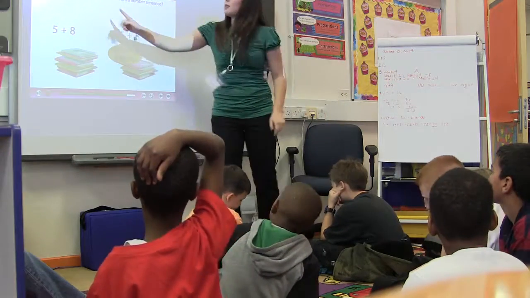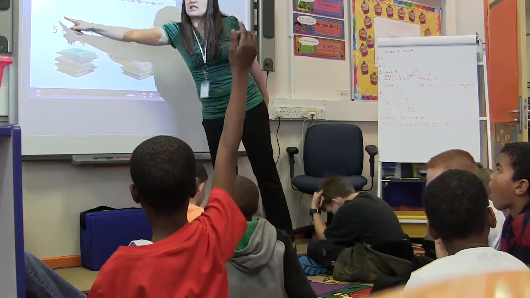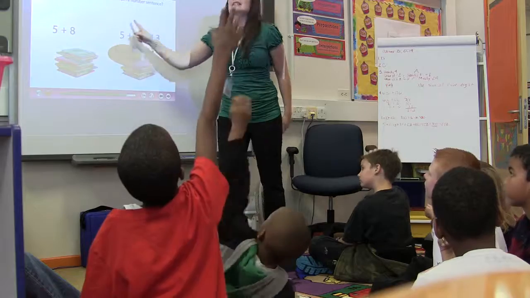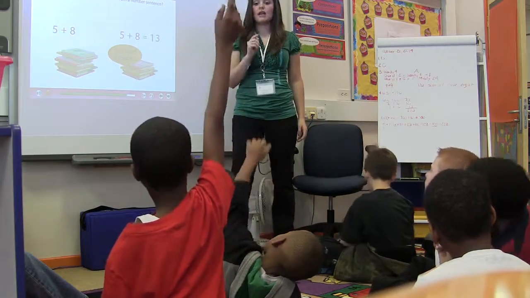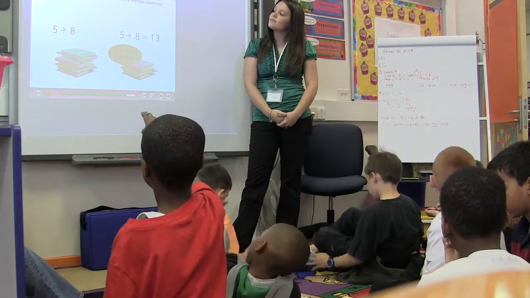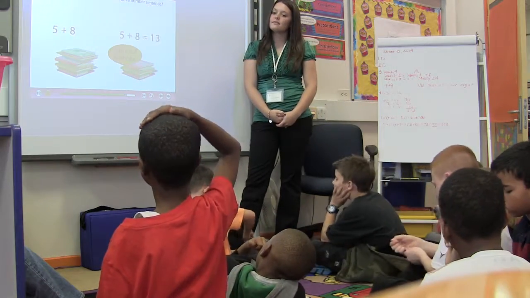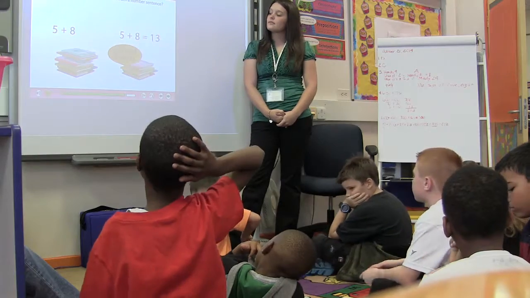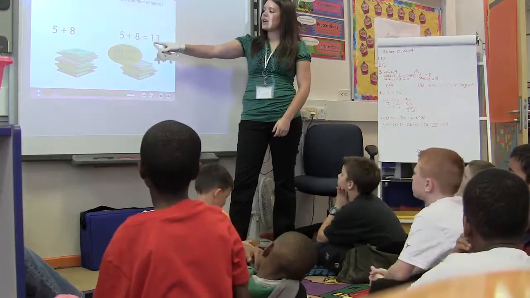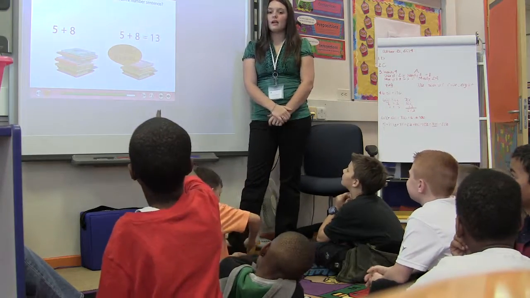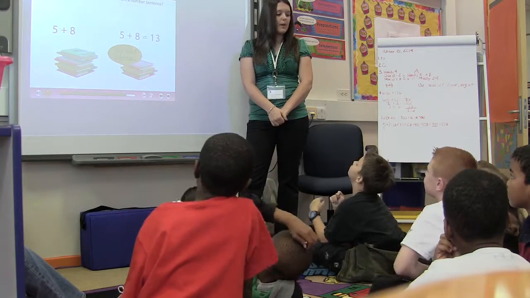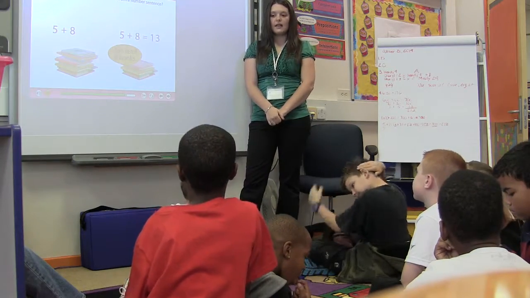They want to know the difference between a numerical expression, which is this one, and a number sentence. The numerical expression has 5 plus 8, it doesn't have the answer, but the number sentence has the answer, and it has an equal sign, a symbol, and the answer, the sum.